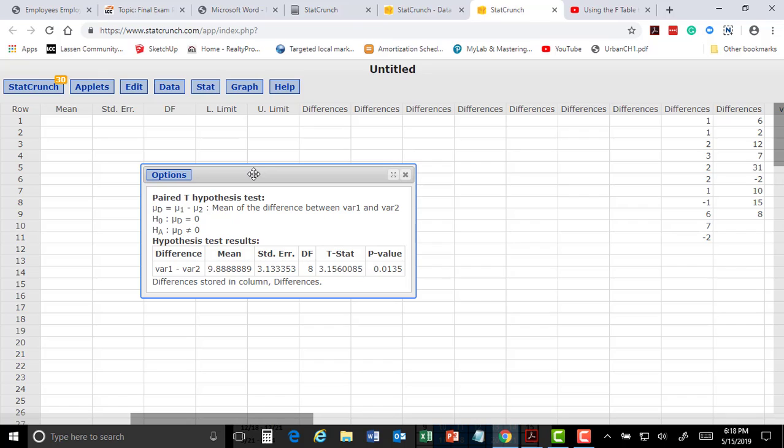I want my test statistic. What is a test statistic? Oh, looks like it's B. Is it C or B? Let's see. Oh, it's C, right? 3.1506. Okay.